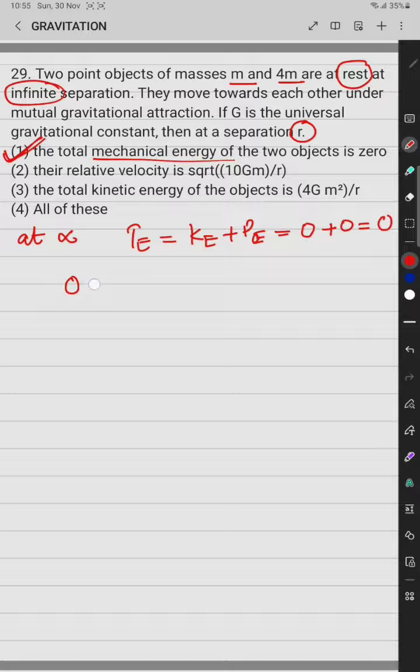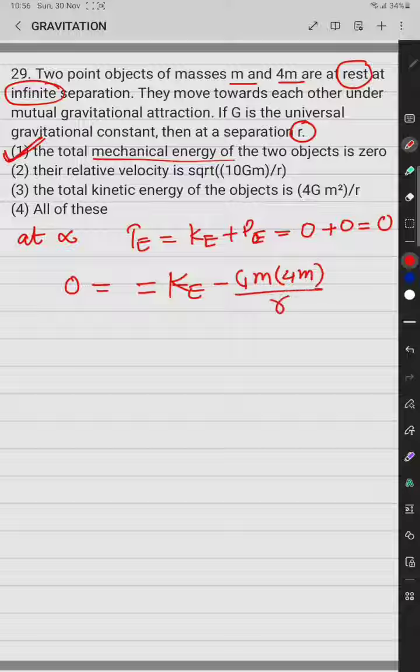We know the total energy is equal to 0, so when the separation is r, kinetic energy is equal to minus of G m 4m by r, which is 4 times GM square by r. So I think the third one is also correct.